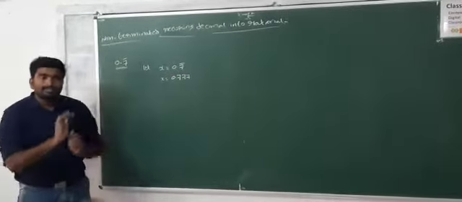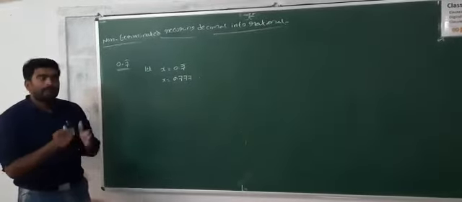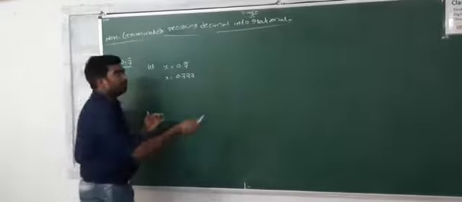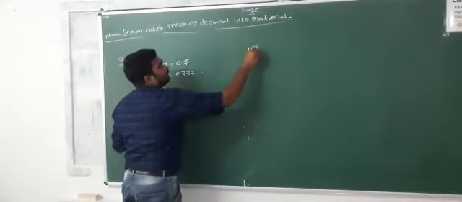Now, if one digit is repeated, multiply by 10. If two digits are repeated, multiply by 100. If n digits are repeated, multiply by 10 power n.